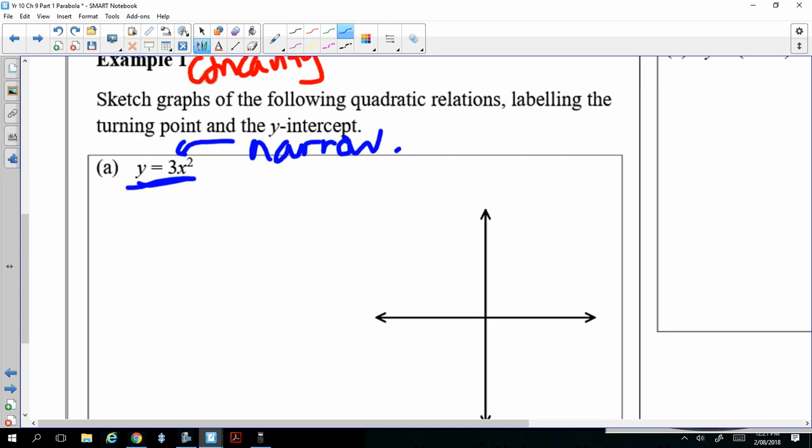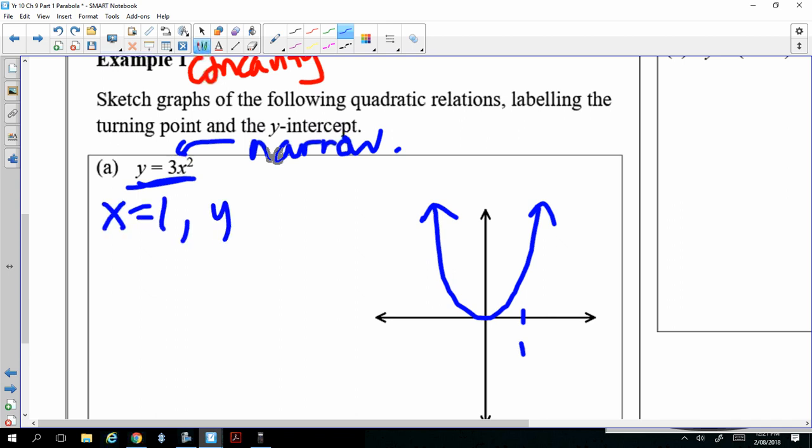So what you do is, you substitute x equal to 1. When x equal to 1, what's y equal to? 3. So you just show a point on the parabola. That's enough, to distinguish that from the other parabola. Substitute a point. Pretty simple.